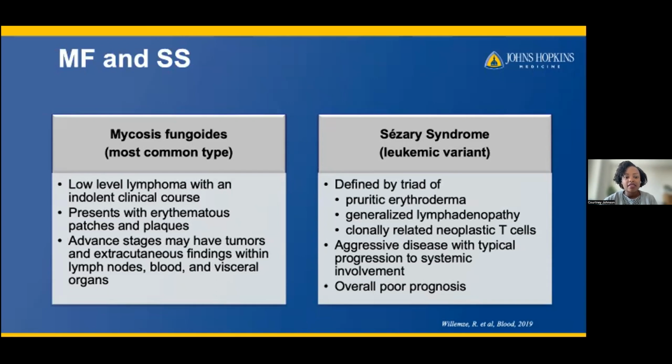And so it's defined by a triad of three things. So there's the pruritic erythroderma, there's the generalized lymphadenopathy, and then there's the clonal-related neoplastic T cells. And this disease is much more aggressive in comparison to Mycosis fungoides. And it typically does progress to systemic involvement and has an overall poor prognosis.